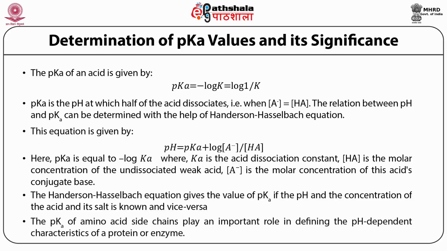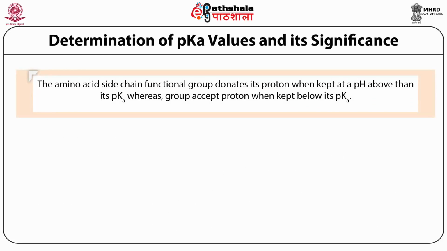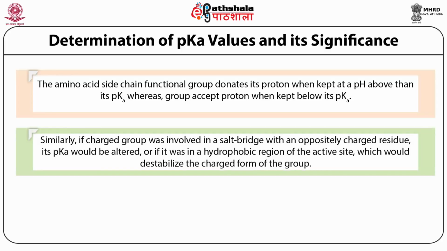The pK of an amino acid side chain plays a significant role in defining the pH dependency of enzyme catalysis. An amino acid side chain functional group donates its proton when kept at a pH above its pK, whereas the group can accept a proton when kept below its pK.